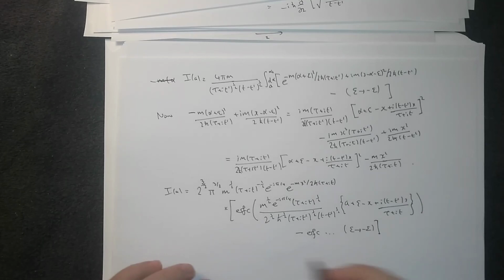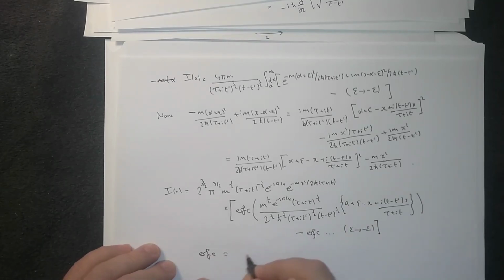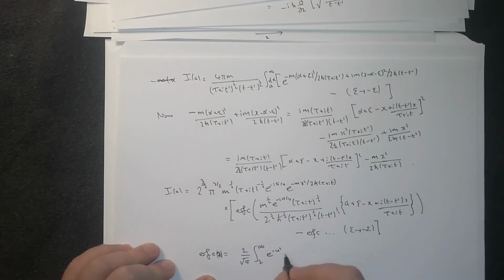So I've used the fact that the complementary error function of any number z is 2 over root pi integral z to infinity e to the minus u squared du.